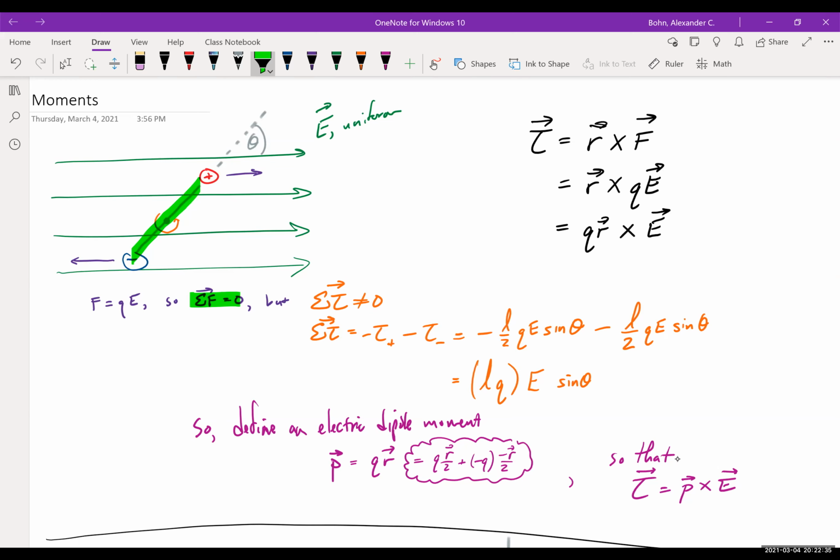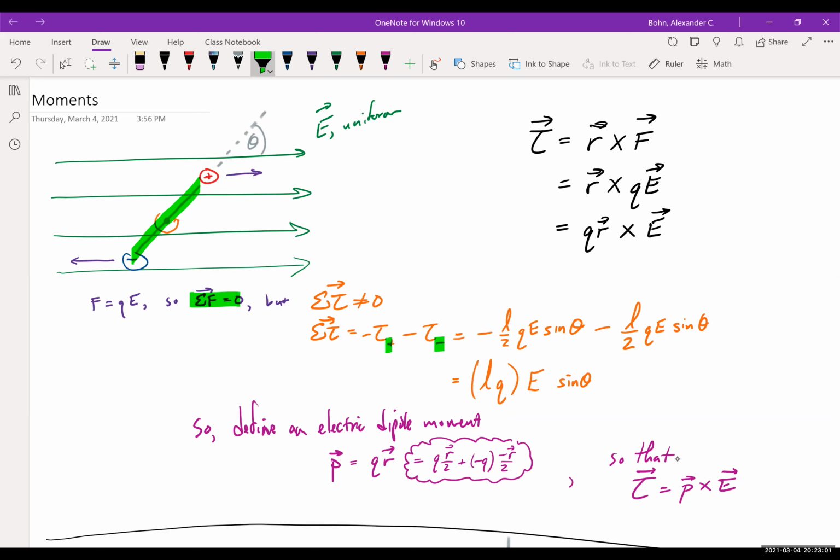But the net torque about the center of the bond is not 0. There's a torque due to the force on the positive charge and one due to the negative charge.